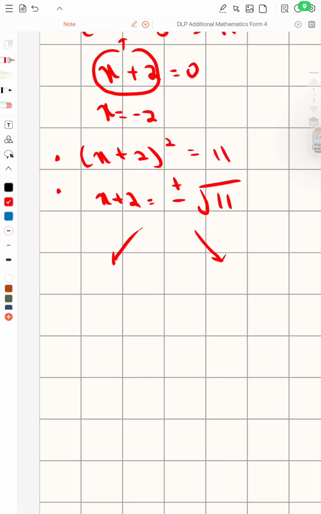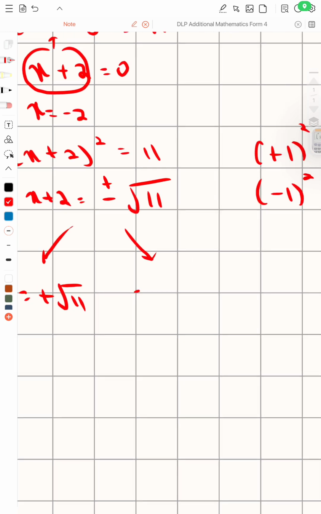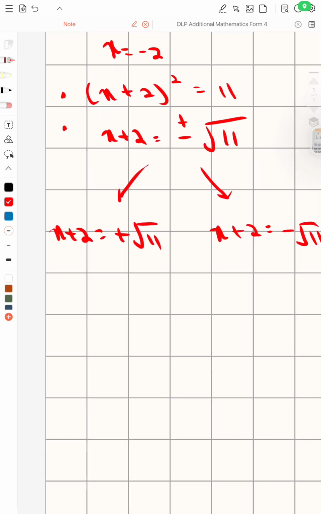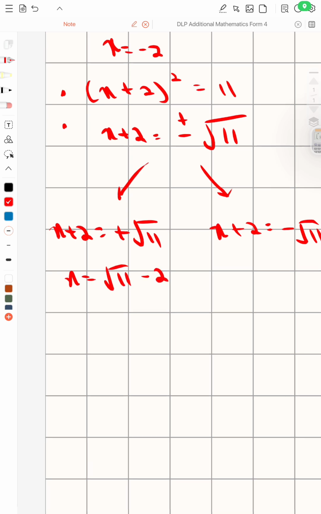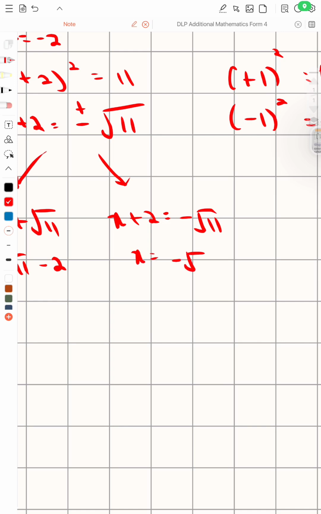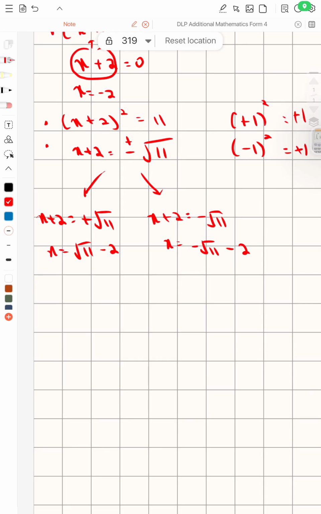So after this point onwards, you will separate this equation onto two parts, which is the positive square root 11 and negative square root 11. And then after this, you just do algebra to solve this equation. So now you'll have your two different roots of this graph.